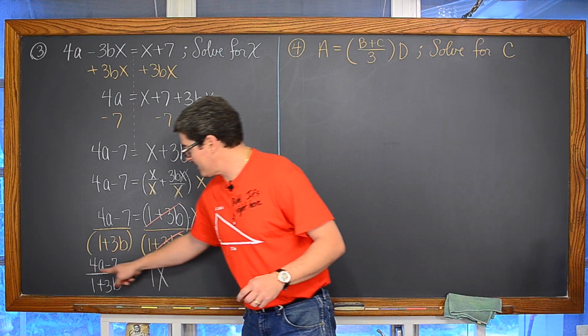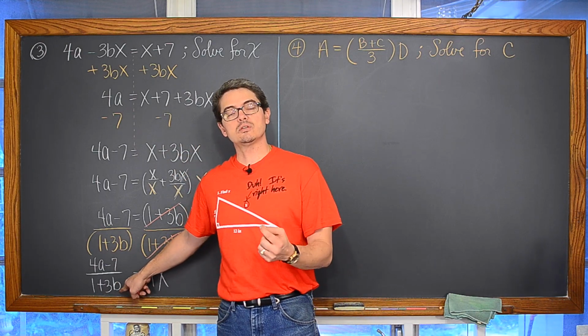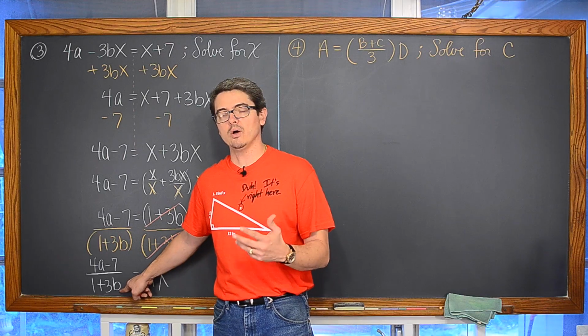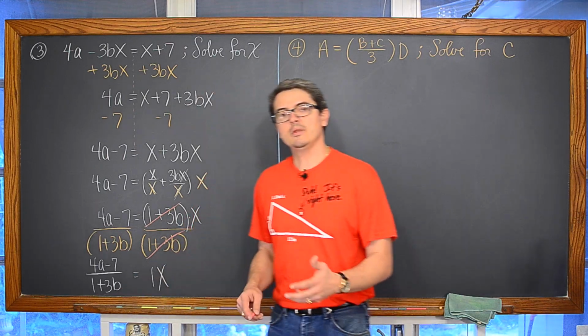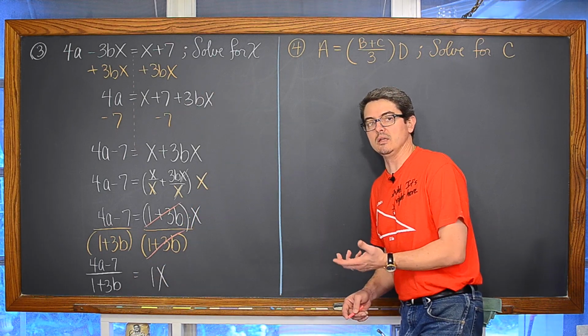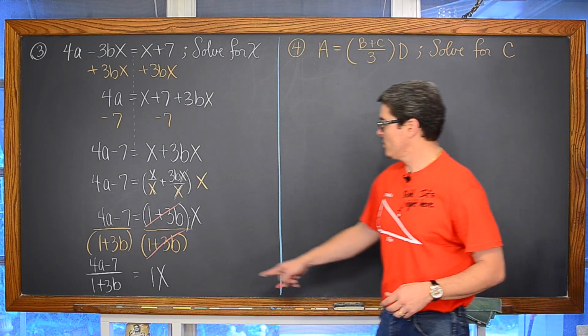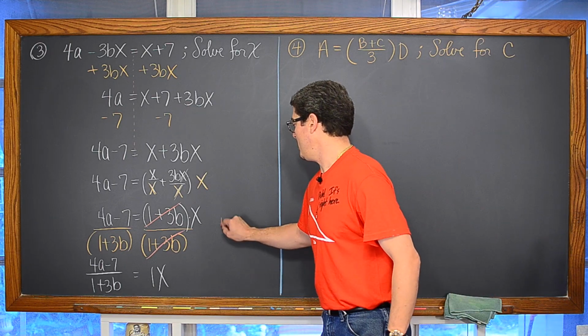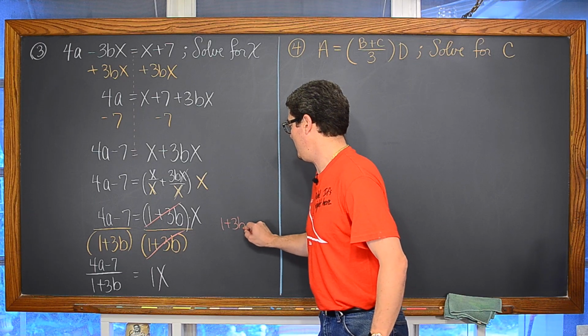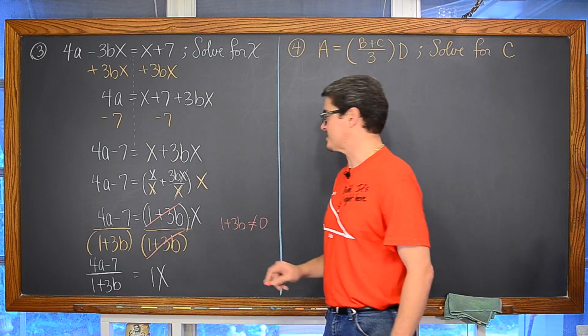You have a variable in the denominator, so you're leaving open the possibility of dividing by 0, and you cannot divide by 0. So with our final answer, 1 plus 3b cannot equal 0.